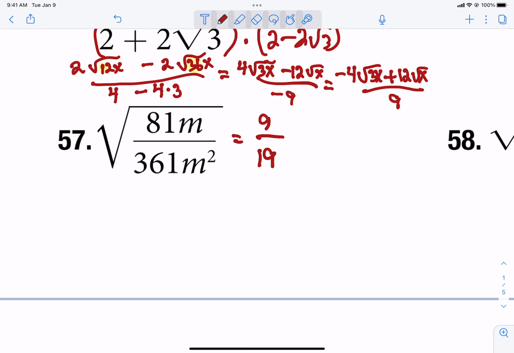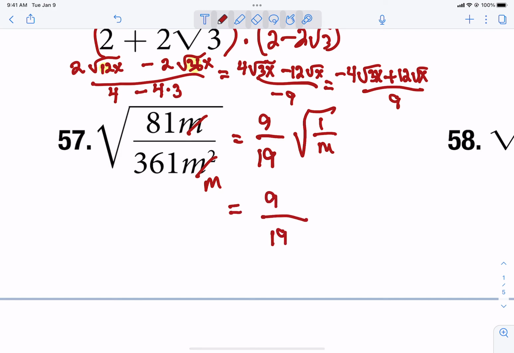Okay. Now what's still in the square root? Well, the m on top and the m squared would just leave me an m down in the bottom. So I'm going to write it as a 1 over m. So technically, we have a square root of 1 on top, which is just a 1. And we have this extra square root of m on the bottom.